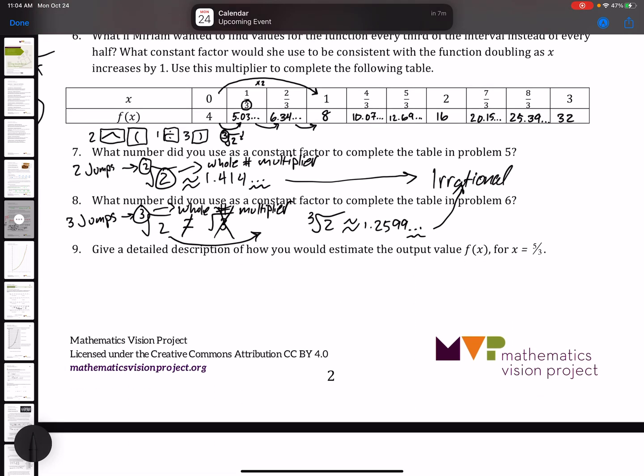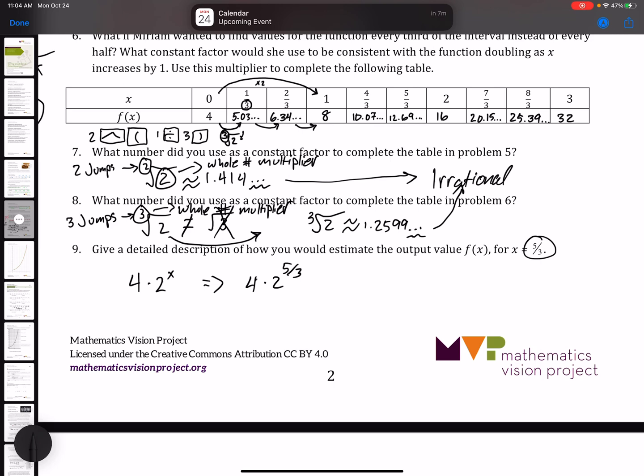Okay, so the function is 4 times 2 to the x. So if x is 5/3, I could just do 4 times 2 to the 5/3. But we're not really familiar with this notation yet. What we are familiar with is the cubed root of 2.